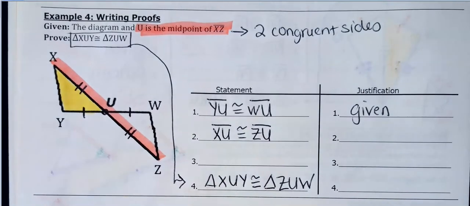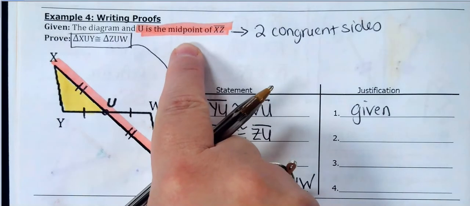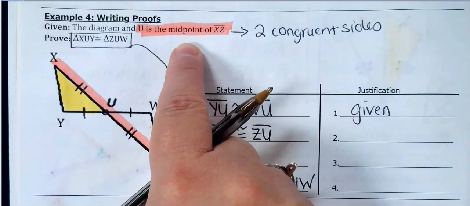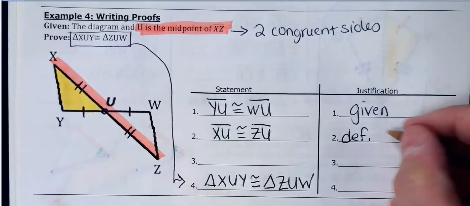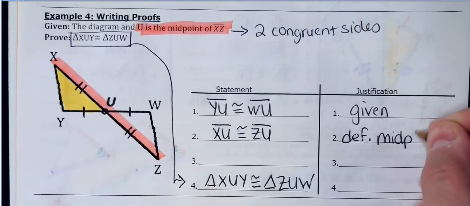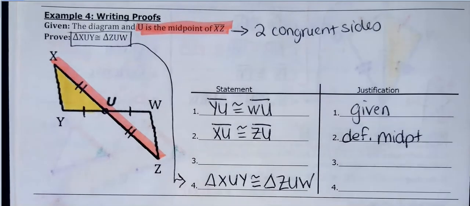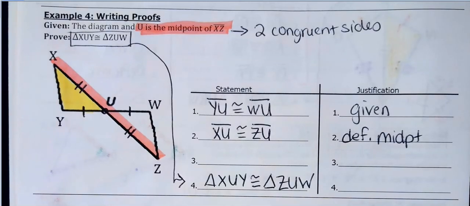It gave me the information of being a midpoint in the directions, so I'm going to write definition of a midpoint, abbreviated. If they give you something as a midpoint, one of your justifications should be definition of a midpoint. That gives you those two congruent segments.